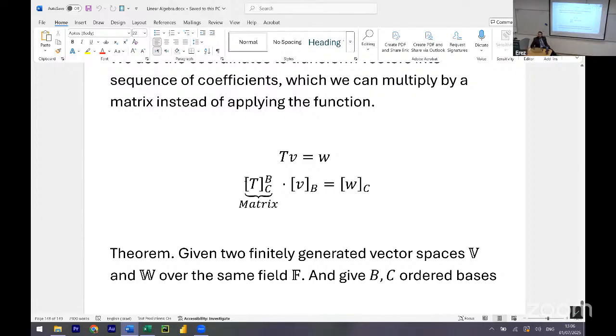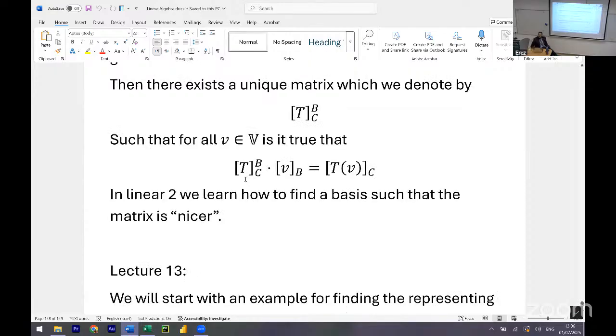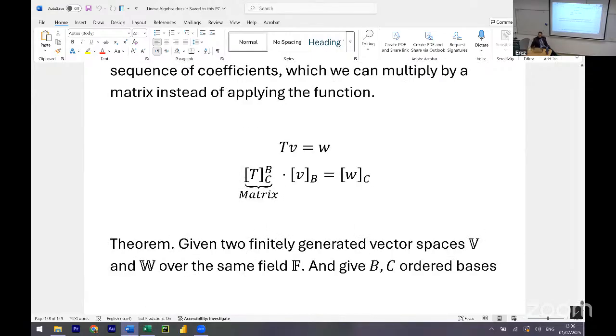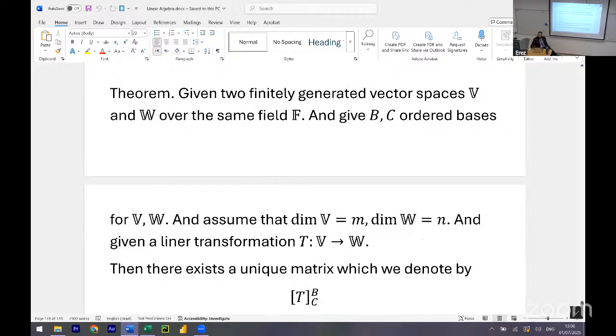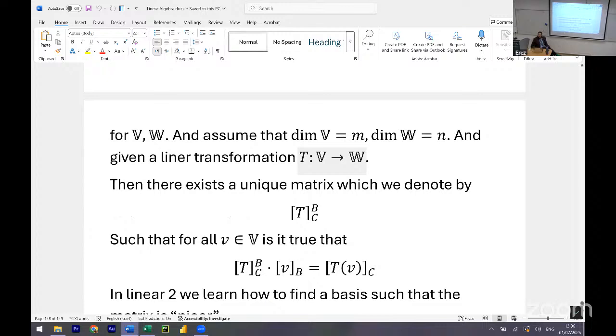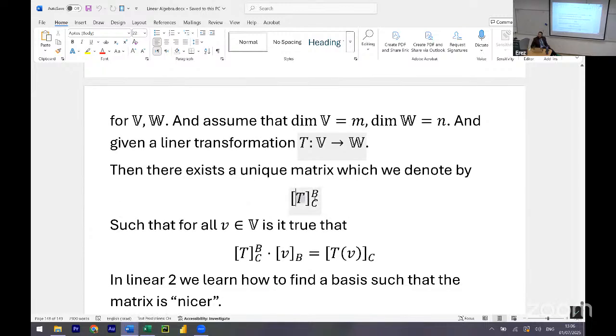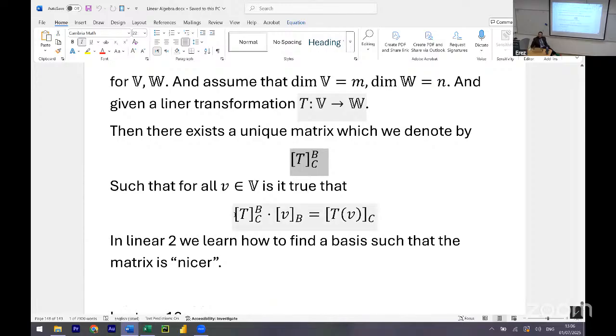And I mentioned a theorem: if you have a linear transformation between two finite dimension vector spaces, then there exists a matrix such that if we multiply the coordinates by the matrix, it applies the function. So instead of applying T of V, I'm simply doing matrix multiplication by the coordinates of the vector.